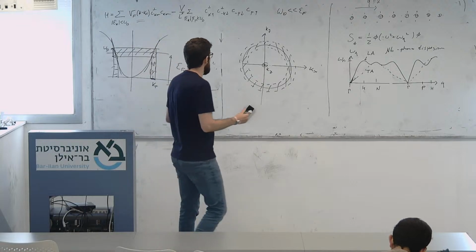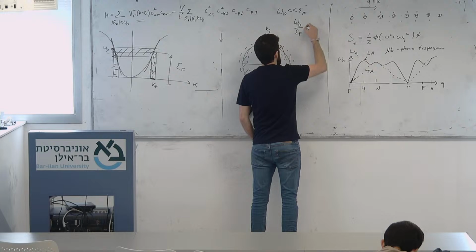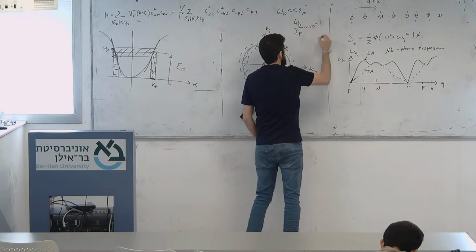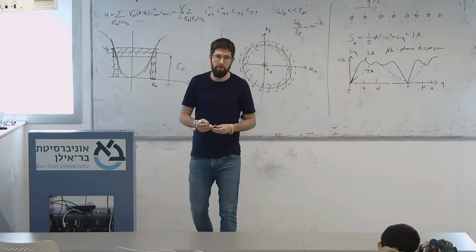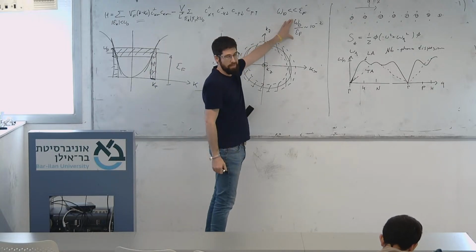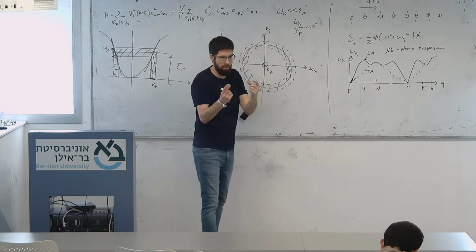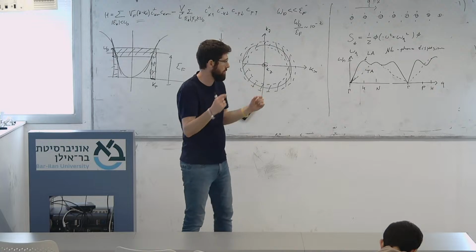So it means that omega Debye over epsilon Fermi is of order 10 to the minus 2. This is called the Migdal parameter. It's very important to control BCS theory. And that means that this layer here is very, very thin across.